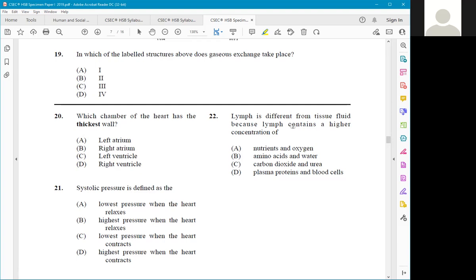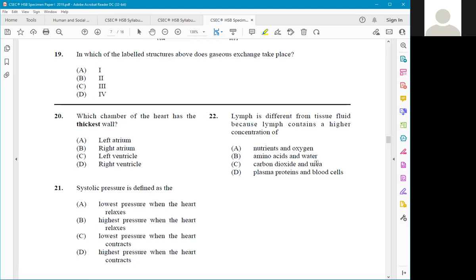You will stick a pin in that one because it looks like the correct answer. But you can answer a higher concentration of water. Why would they put water in that one? But anyway, C, carbon dioxide and urea.